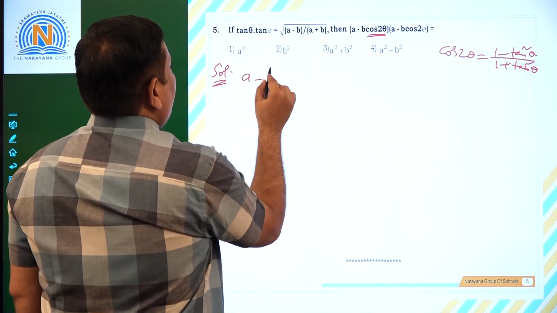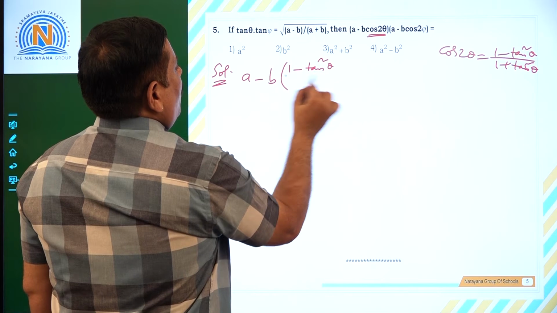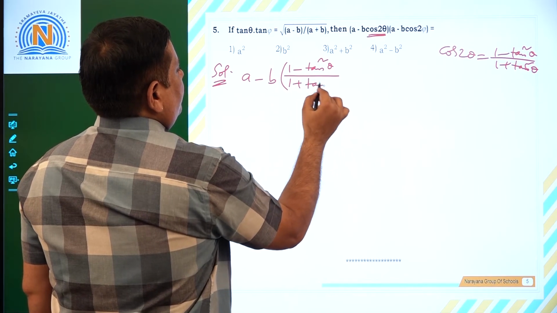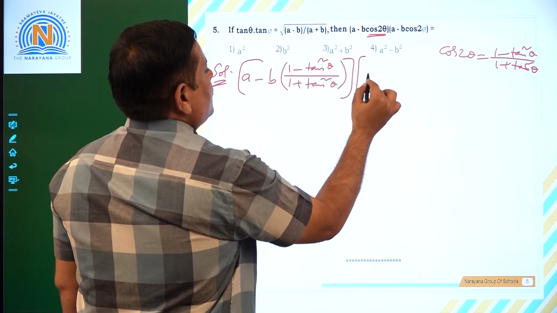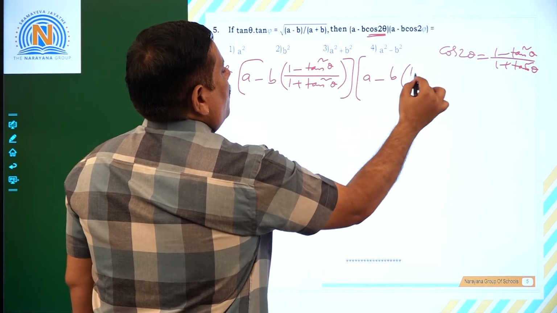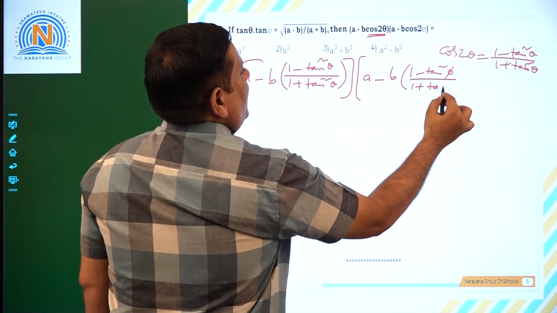a minus b cos 2 theta is a minus b times (1 minus tan square theta) by (1 plus tan square theta). This is the first term. The second term is a minus b times (1 minus tan square phi) by (1 plus tan square phi).